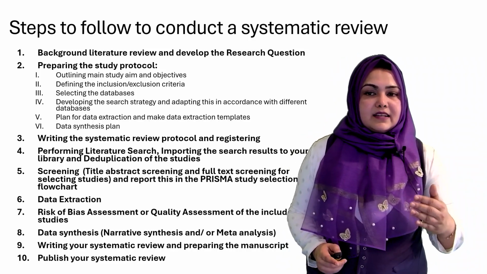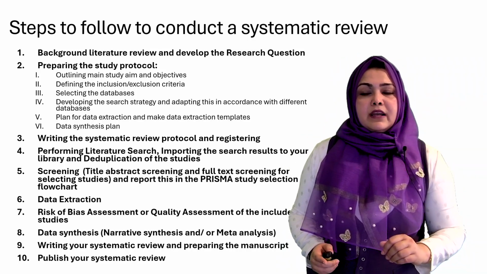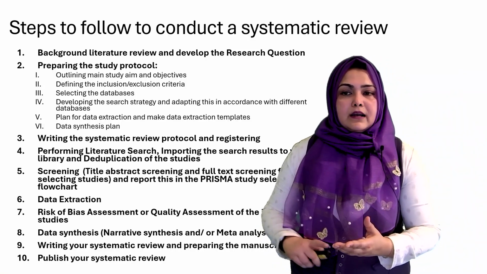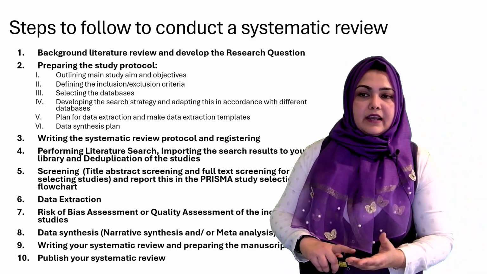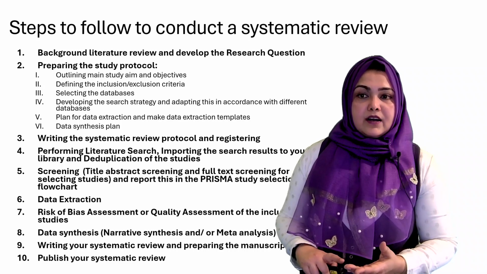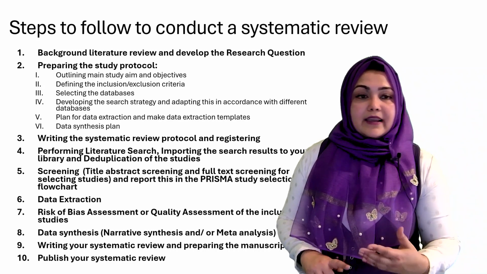You will select the databases that you are going to search for your systematic review. As I'm in the public health field, in most of the systematic reviews that I have conducted, I did searches in Ovid Medline, Embase, Cochrane Library, and PsycInfo.